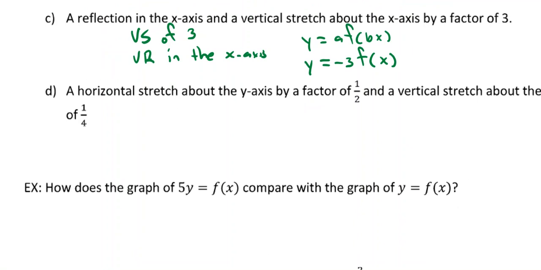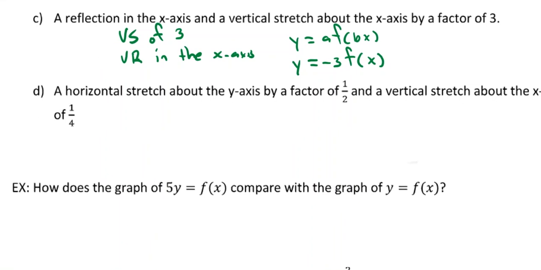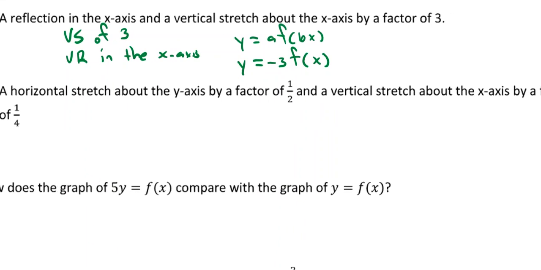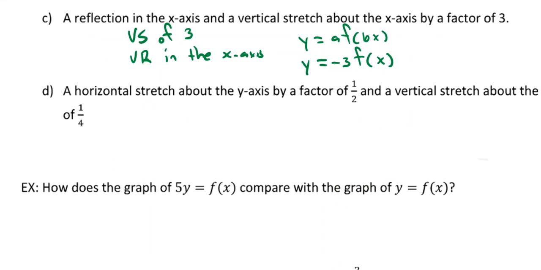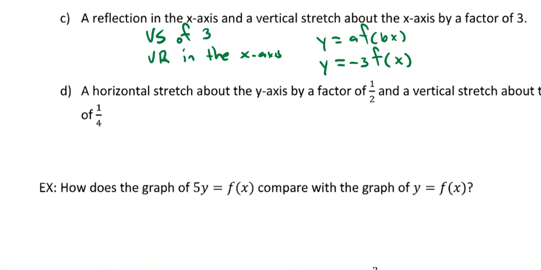Okay, horizontal stretch about the y-axis by a factor of a half, and a vertical stretch about the x-axis by a factor of a quarter. So horizontal stretch of a half, and a vertical stretch of a quarter.